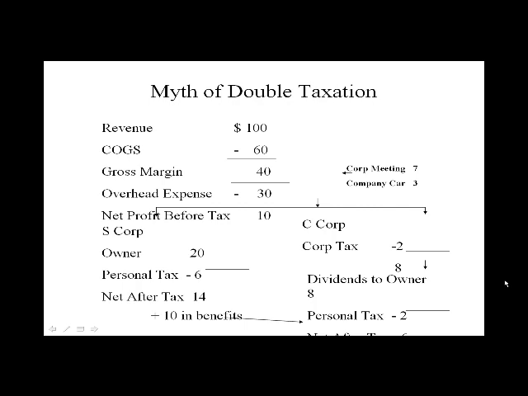Again, we pay our 20%, which is 2, which means we have 8 going out to the owners who pay personal tax and wind up with a net after tax of $6 plus the 10 in benefits. That's 7 and 3 from above. The company car, the nice corporate financed vacation. It makes sense. You can do lots of things as business expenses to reduce that tax, but you can only take advantage of many of those things if you're a C corporation, not if you're taxed as an S.